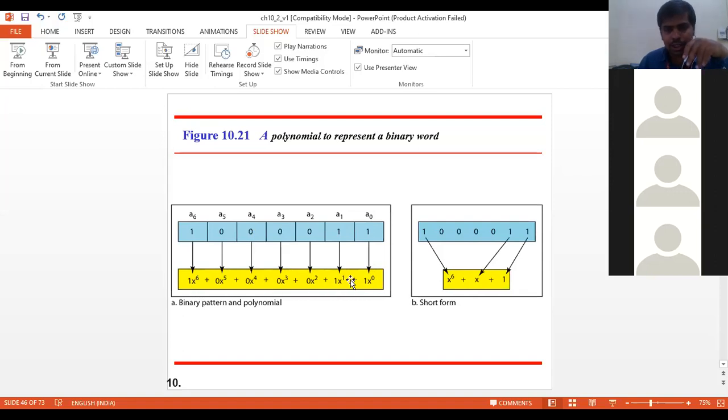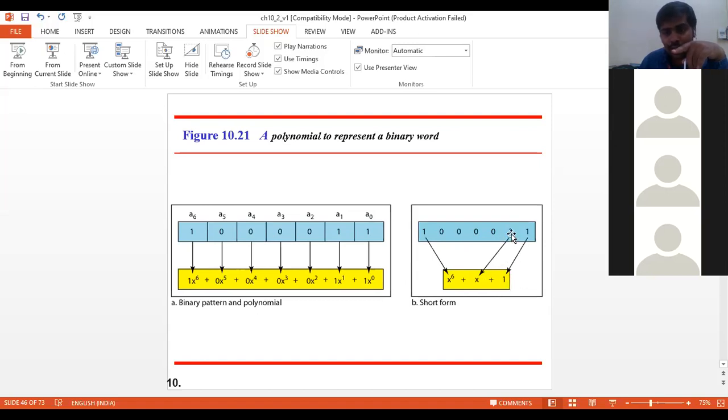Or else, as a shortcut, in polynomial we are least bothered about the 0s, because 0 into x to the power anything is 0 only. Wherever we find a 0 in the digital data, we ignore it. The short form of converting digital to polynomial is, wherever you find a 1, only for those you convert. The first position is 1 into x to the power 0, that will be 1.